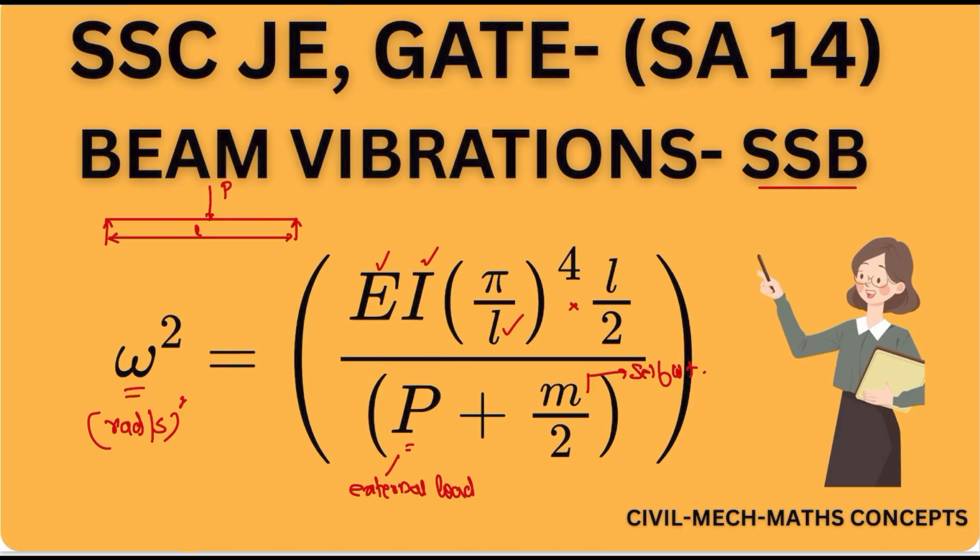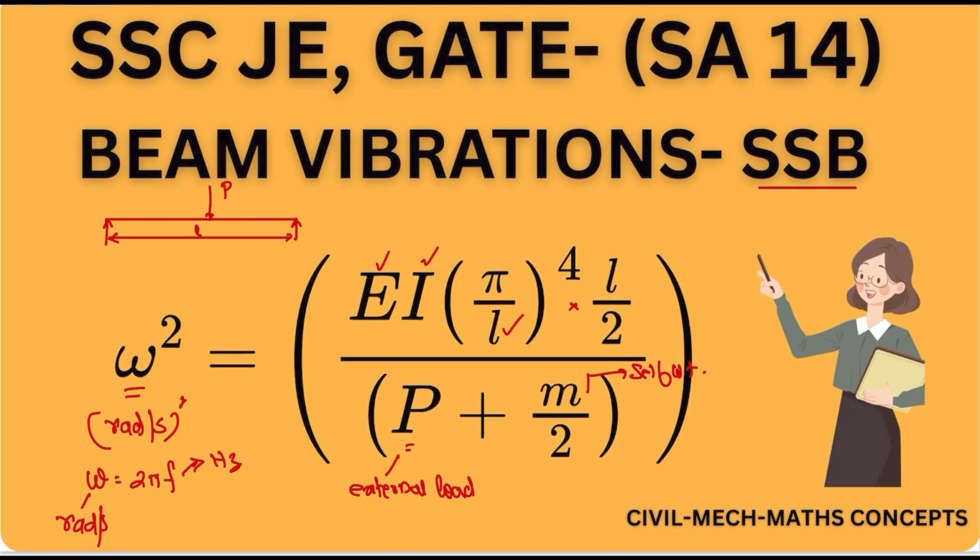And to convert it into hertz, as we have told in the last class, omega is equal to 2 pi f, so that f is equal to omega by 2 pi. F is in hertz, omega is in radians per second, and 2 pi is the constant.